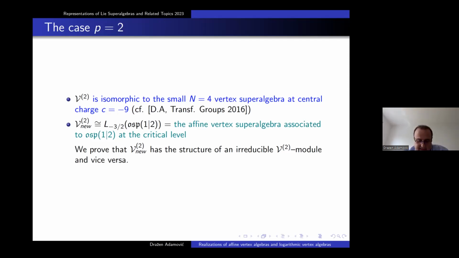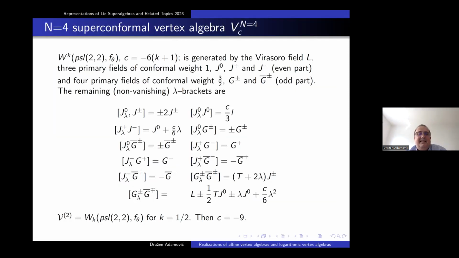Just in 2 minutes, to say what is this N equals 4. This N equals 4 superconformal algebra is maybe the largest superalgebra, at least, there is also a large N equals 4 algebra, which can be constructed. It is an algebra generated by the Virasoro field and an SL2 triple, which I denote by J0, J plus, J minus.